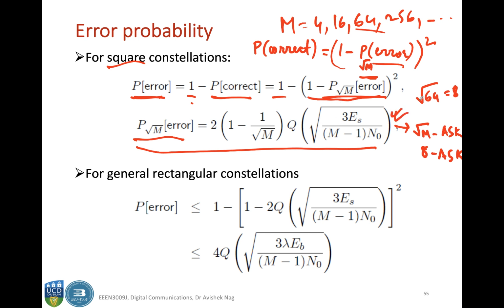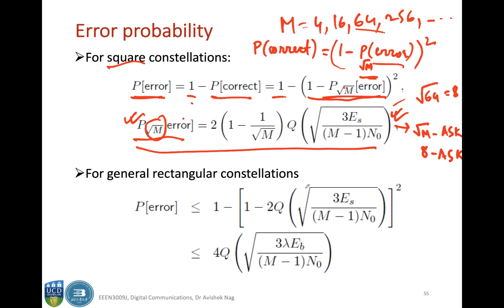If you look back into the lecture of M-ASK, then this is the probability of error. So we are replacing M with square root of M there, and we get this expression. You can also get this expression using the union bound, and then you replace this value here to get the probability of error.